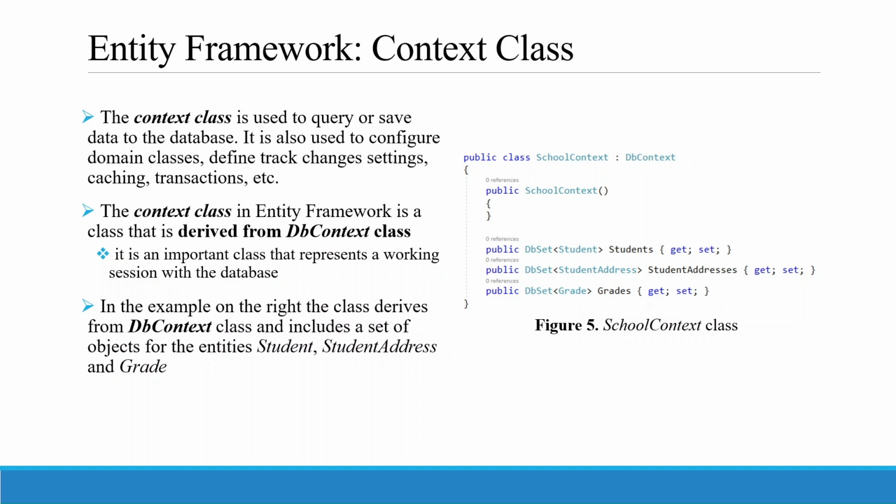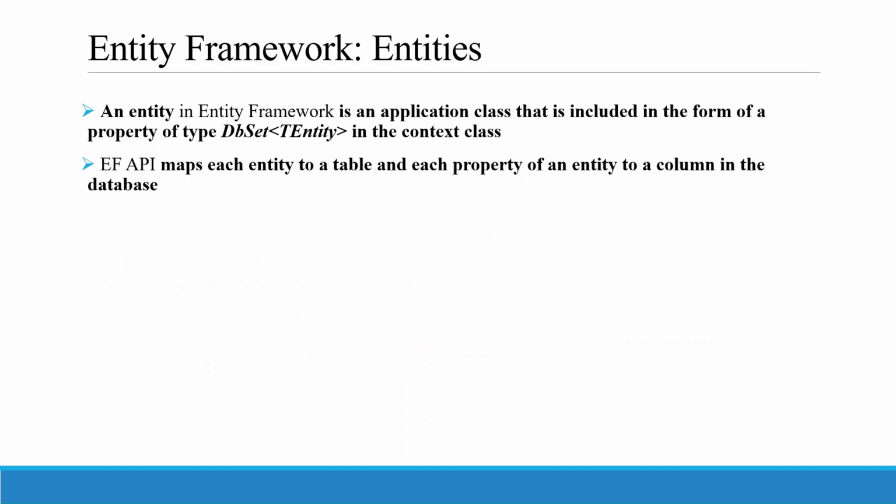So we have students, student addresses, and grades. So an entity is again included in the form of a property of type DbSet in the context class.